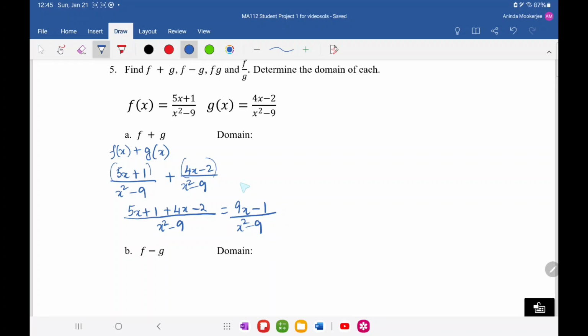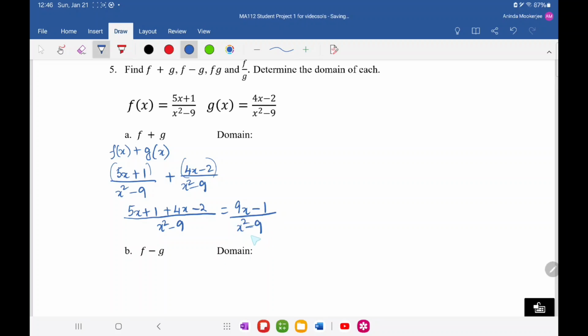Now we have to find the domain of this function. Because the new function is a rational function, remember, when there's an x in the denominator, we cannot have the denominator become 0. So x should not take any value that will make x squared minus 9 equal to 0.